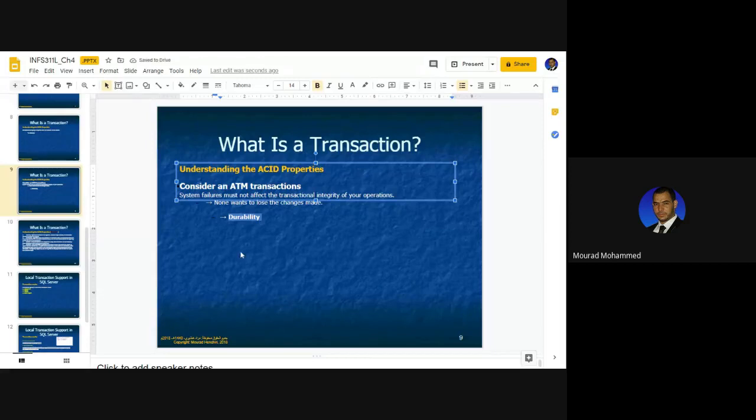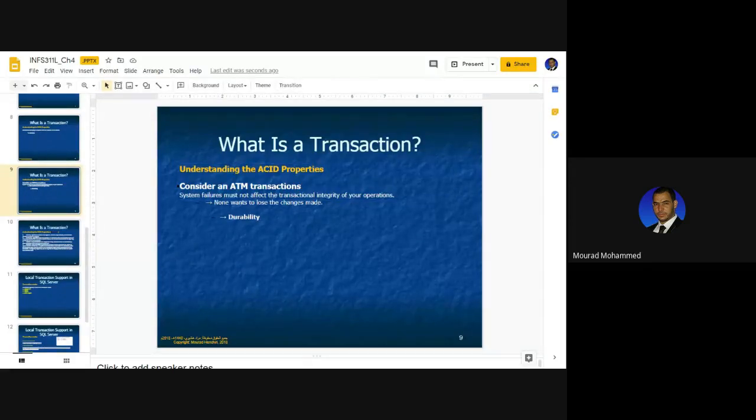So durability means the properties that a transaction has to be atomic, consistent, and isolated have to be happening at all times, with all privileged users available in the system, either the current user, administrator, or a system user. All of them have to obey: their transactions have to be atomic, consistent, and isolated also.